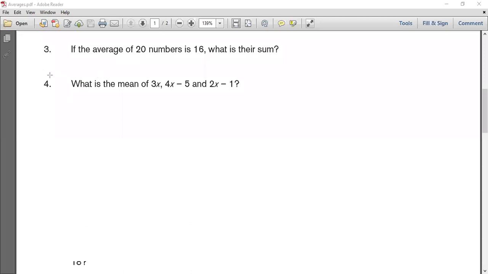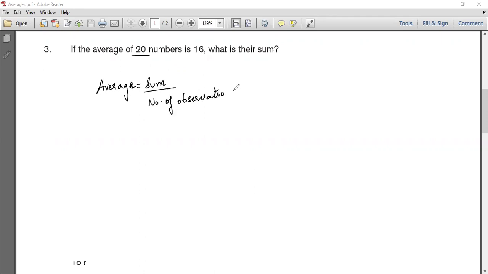Let's do question number 3. Question number 3 reads as follows. If the average of 20 numbers is 16, what is their sum? The formula for average is sum of all observations over number of observations. Out of these three values, I have been given the average, 16, and the number of observations, 20. I need to find the sum.